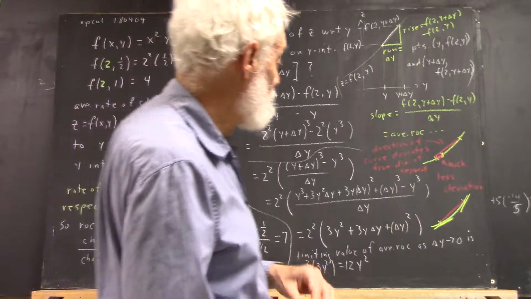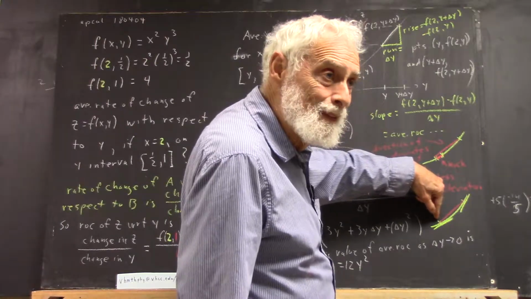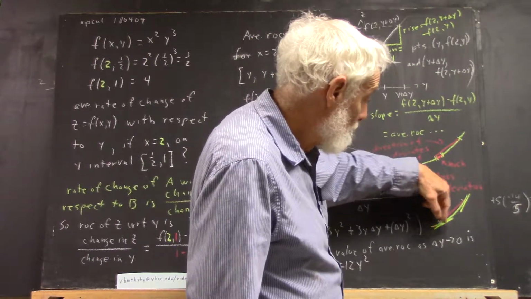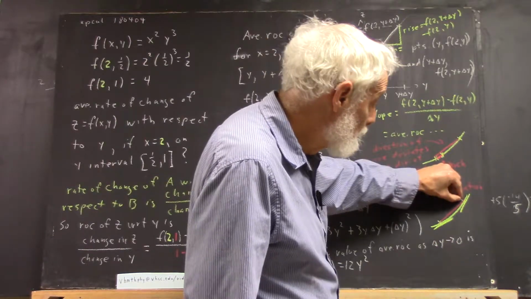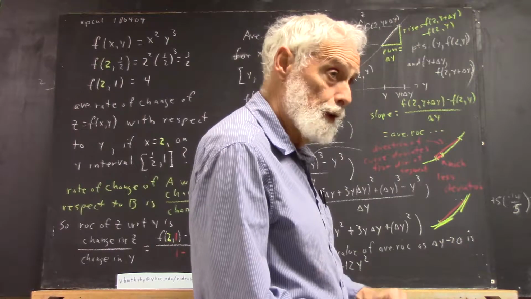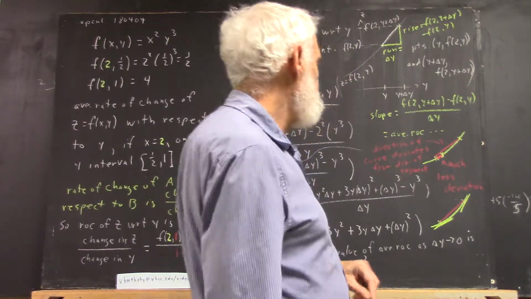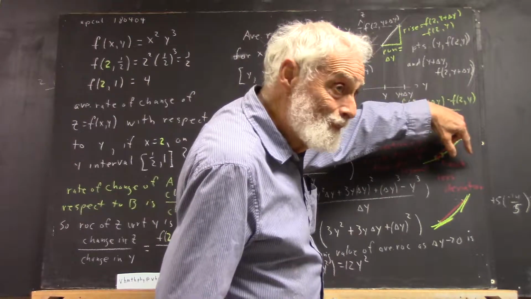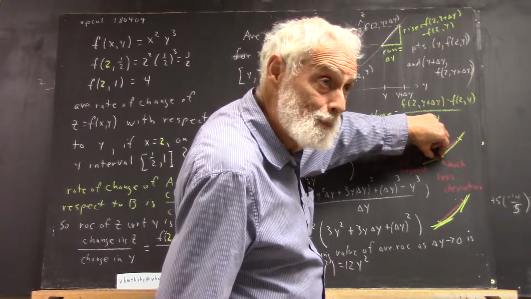If I choose 2 points very close together, near this left end point, I get a slope something like this. If I choose 2 points very close together here, I get a slope that looks like this. Okay? And of course, this corresponds to bigger delta y than this does, right?